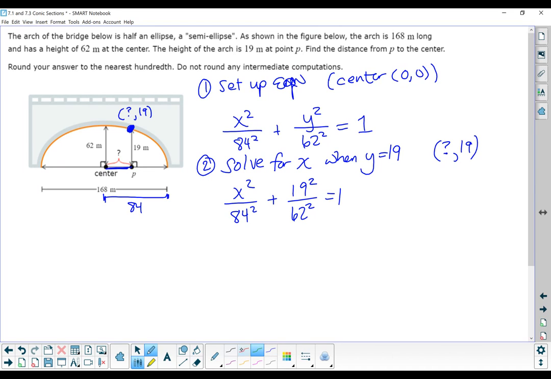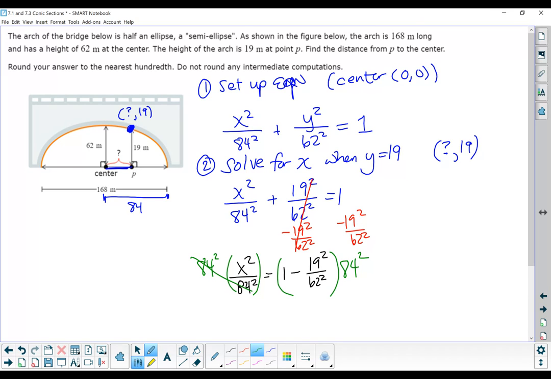Just like before, I would go ahead and subtract this amount. So now we have x squared over 84 squared is equal to 1 minus 19 squared over 62 squared. And then I can multiply both sides of my equation by 84 squared.